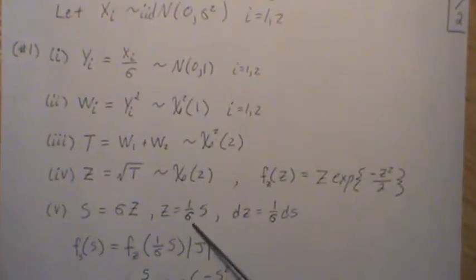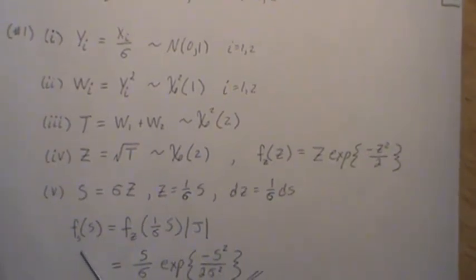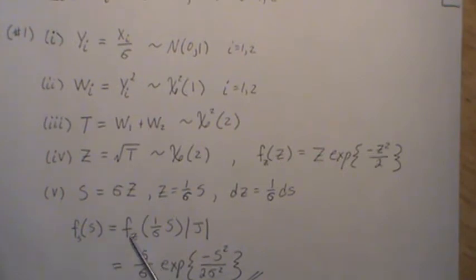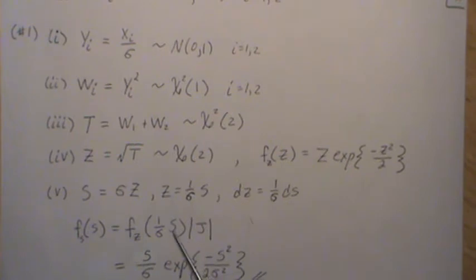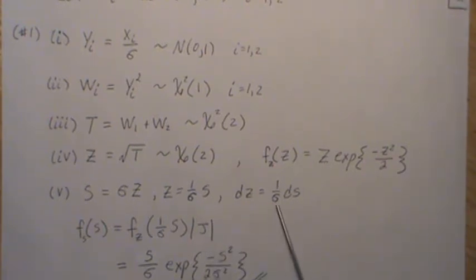So we solve for z, take the derivatives, then this is the Jacobian. So f of s is f of z, but we plug in this piece for z, and we take the absolute value of the Jacobian, which is 1 over sigma. Now if we plug in for z, we get s over sigma, but then this extra sigma here makes it sigma squared.